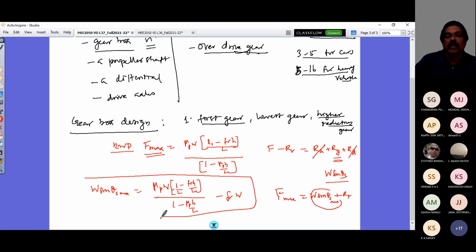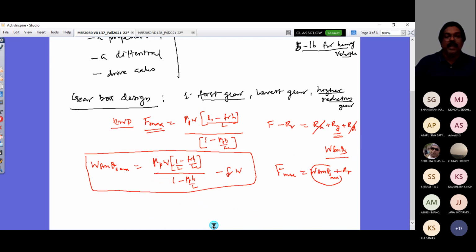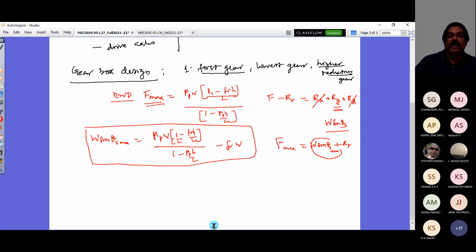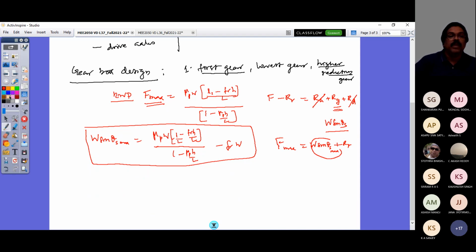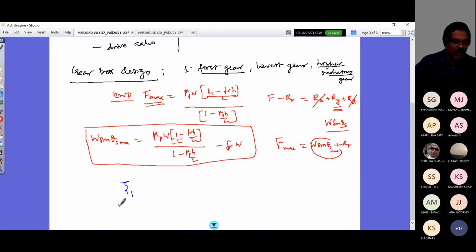If I consider this as my basis for deciding the requirement of speed ratios, I will define this term ζ1. ζ1 refers to the lowest gear ratio.